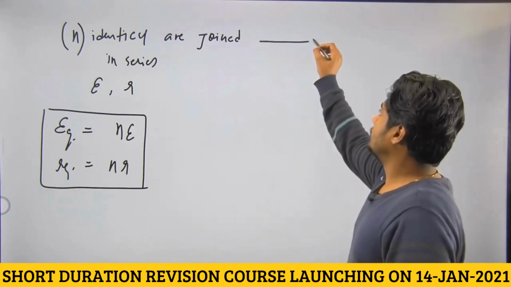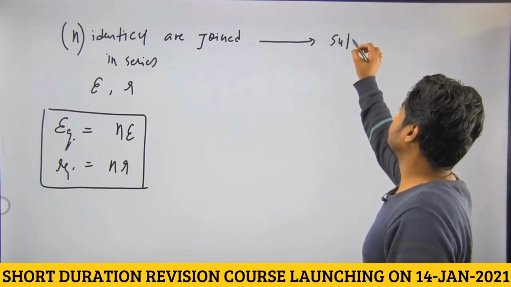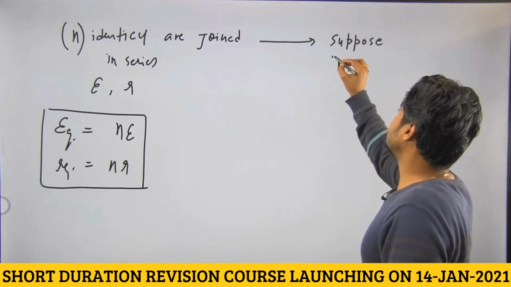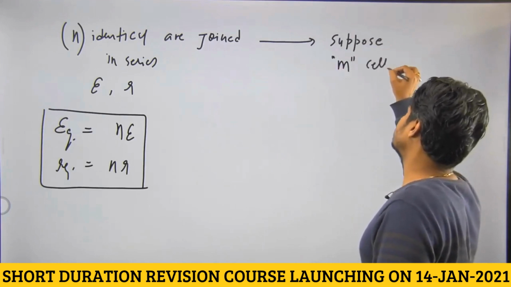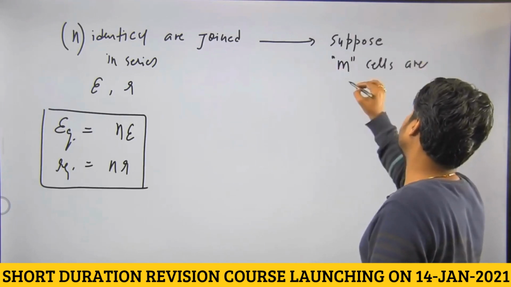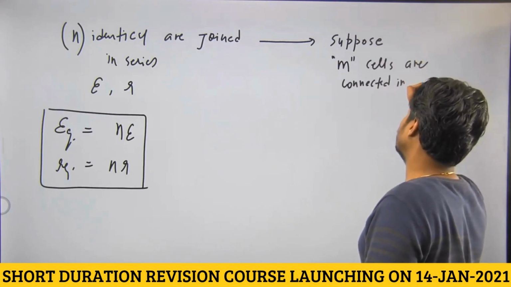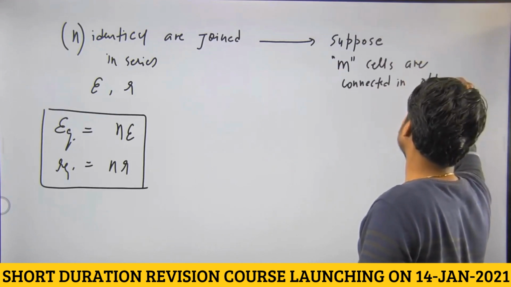Now suppose M cells are connected in opposite polarity.